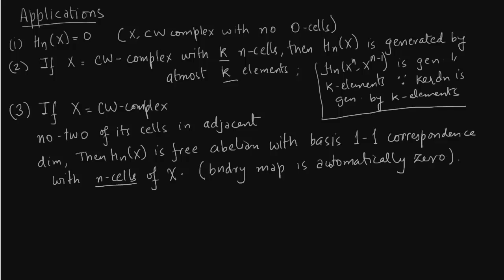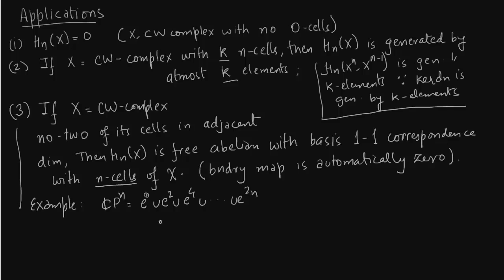So obviously Hn is generated by that particular n cell in the nth dimension. So CPn, I will write it now. Yeah, so this is what CPn looks like. So now let us draw the chain complex.